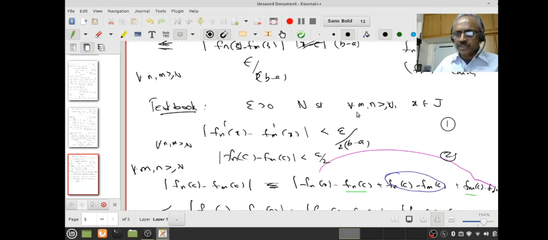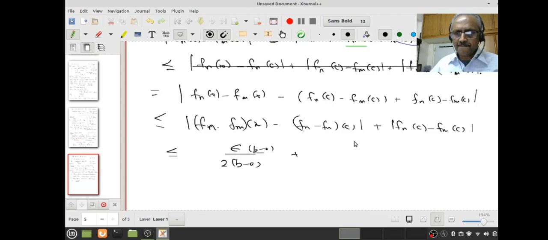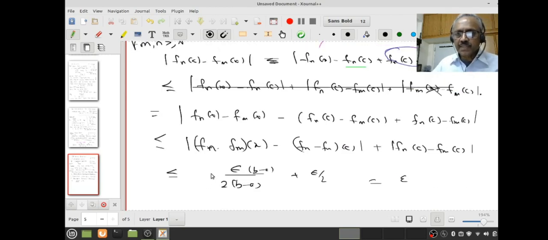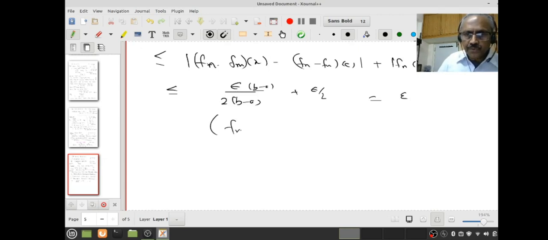Given epsilon, choose an N using uniform Cauchiness of fn'. And there is an N1, similarly there is an N2 for |fn(c) − fm(c)| less than epsilon by 2. Choose N to be the maximum of N1 and N2, therefore there is a single N such that both these things are true. Therefore this is also less than epsilon by 2. So therefore epsilon. So what do you think I have shown? I have shown that fn is uniformly Cauchy.